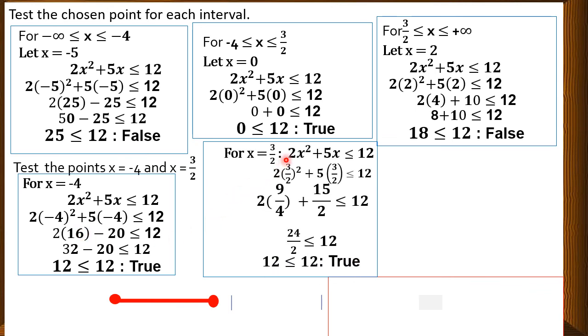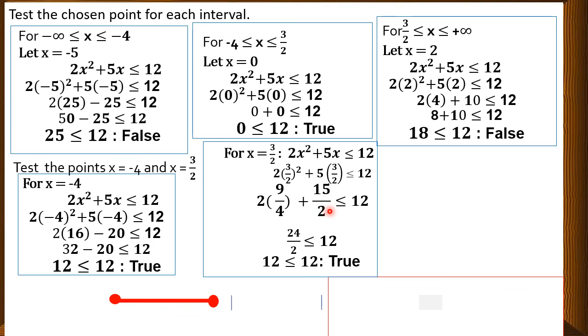For x equals 3 halves, copy the original inequality, substitute x by 3 halves. So 2 times 3 halves square plus 5 times 3 halves less than or equal to 12. So bring down 2. 3 times 3 is 9 and 2 times 2 is 4. 5 times 3 is 15.